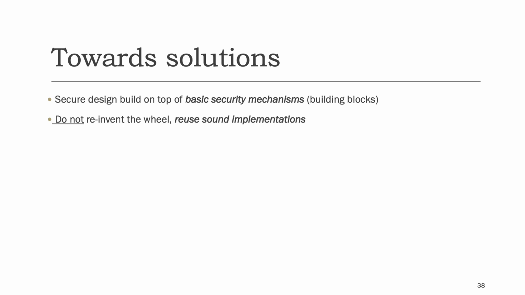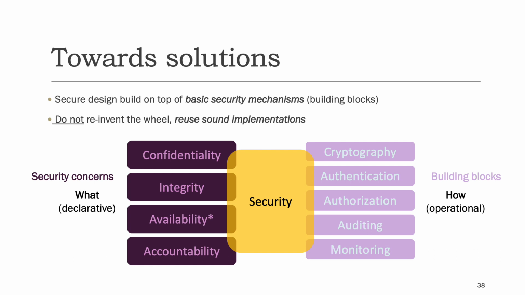The number one lesson here is that unless you're truly a security expert in building and proving that crypto protocols are unbreakable, you shouldn't attempt to reinvent the wheel. Typically, it pays off to be humble in this situation and to reuse sound and existing implementations of security mechanisms.